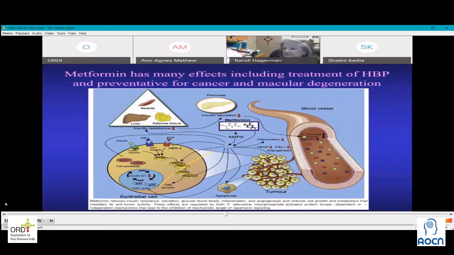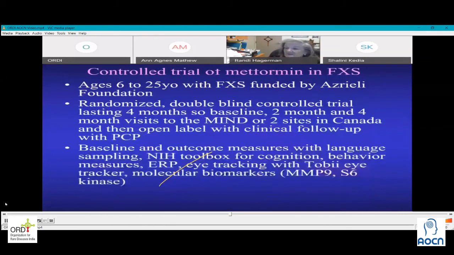It actually has 2 papers out now as to how it can be protective for macular degeneration. So it has many benefits, particularly in aging individuals. It has cerebral vascular benefits, and it can decrease some memory problems with aging. So this is very exciting.